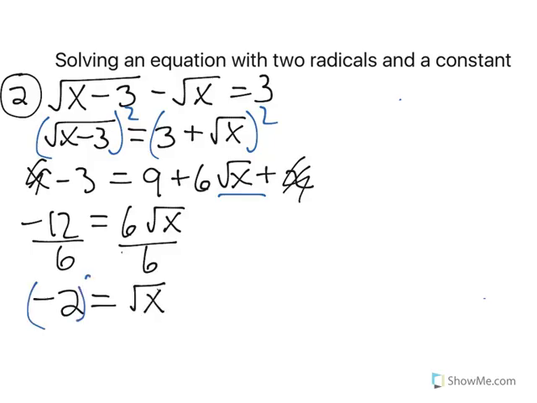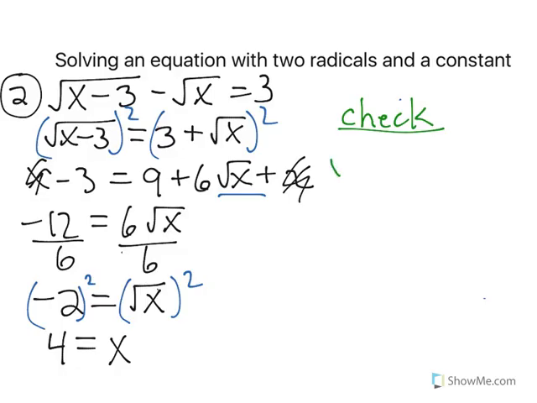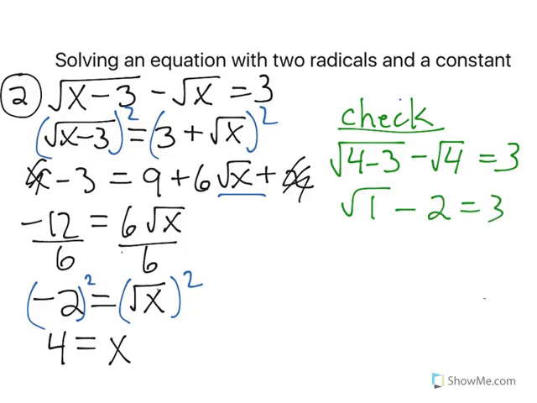So now you square both sides and you get 4 equals x. Alright, so now let's check. You have the square root of 4 minus 3 minus the square root of 4 equals 3. So we have the square root of 1 minus 2 equals 3. 1 minus 2 equals 3, and you get negative 1 equals 3.